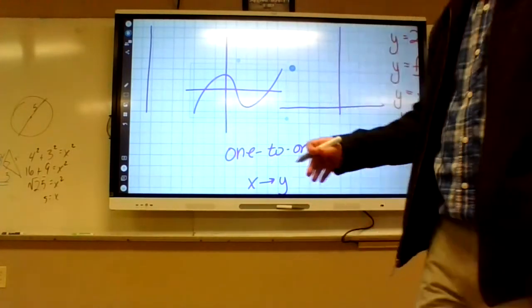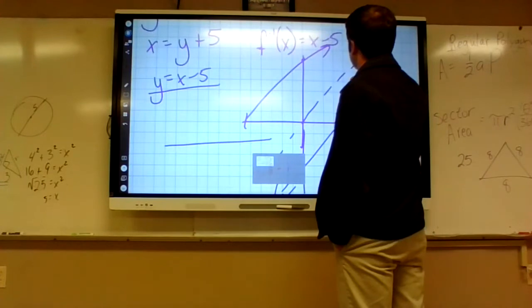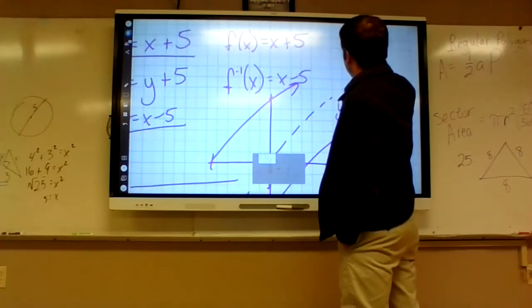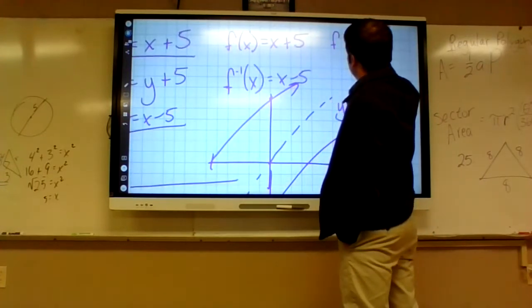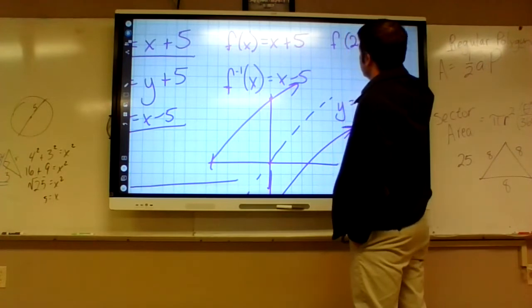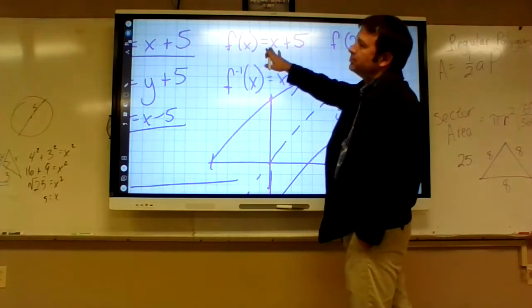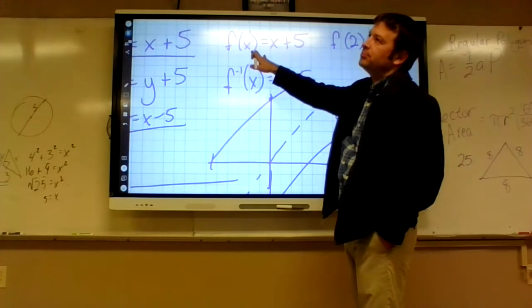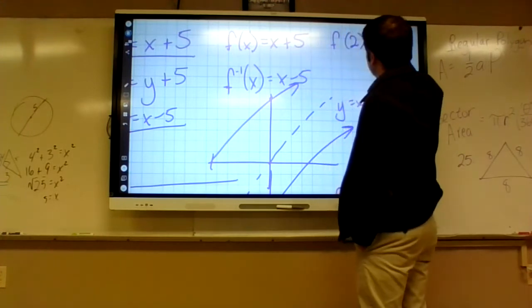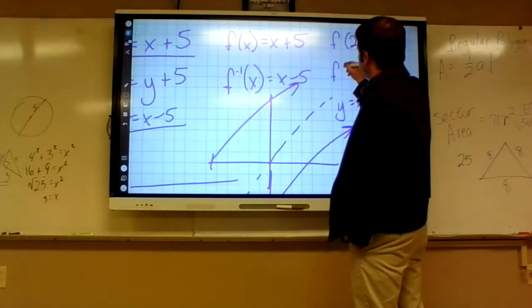Okay, number 1. Oh, and by the way, let me go back to my original example. What is f of 2? Well, that means you put in 2 for x, so it would be 7. Okay, now what happens if I do f inverse of 7?